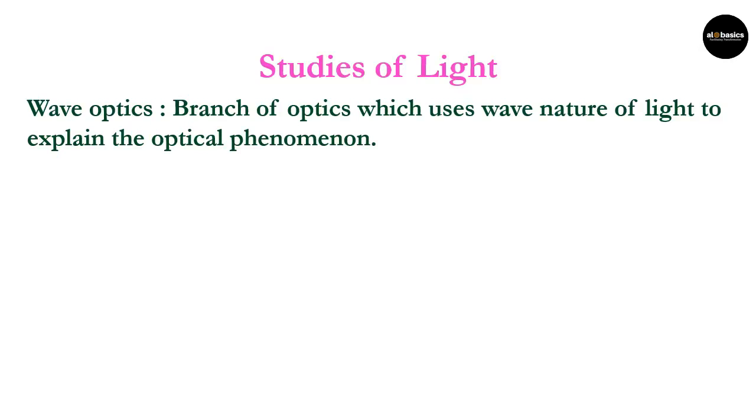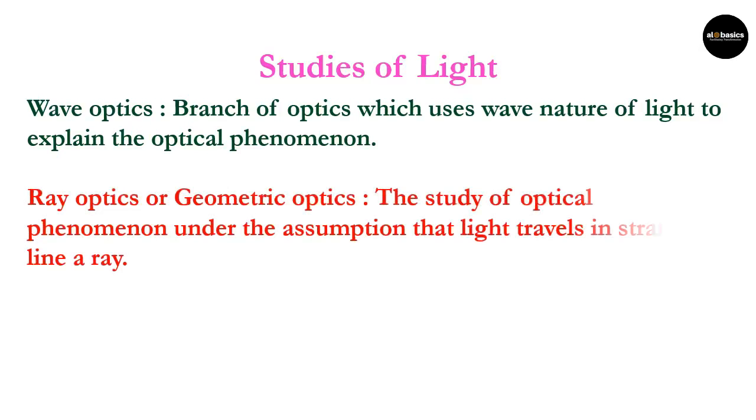In 11th standard, we have studied ray optics. What is ray optics? Ray optics is also known as geometric optics, and it is the study of optical phenomena under the assumption that light travels in a straight line as a ray. That we have studied.